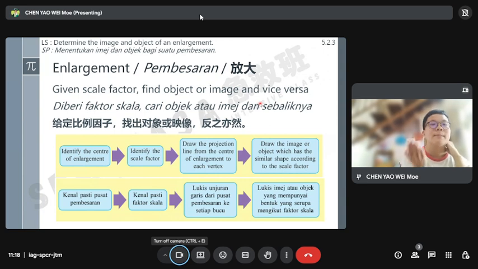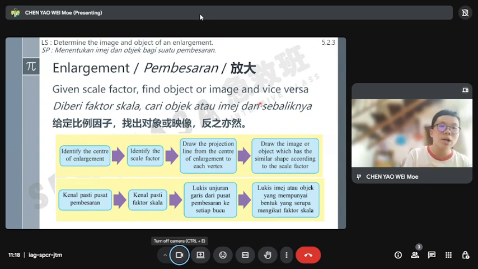But if given the scale factor and the object, to find and draw the image, how do you do it? The next step is here. If given the scale factor and the center of enlargement, and the object, draw the projection line from the center of enlargement to each vertex.